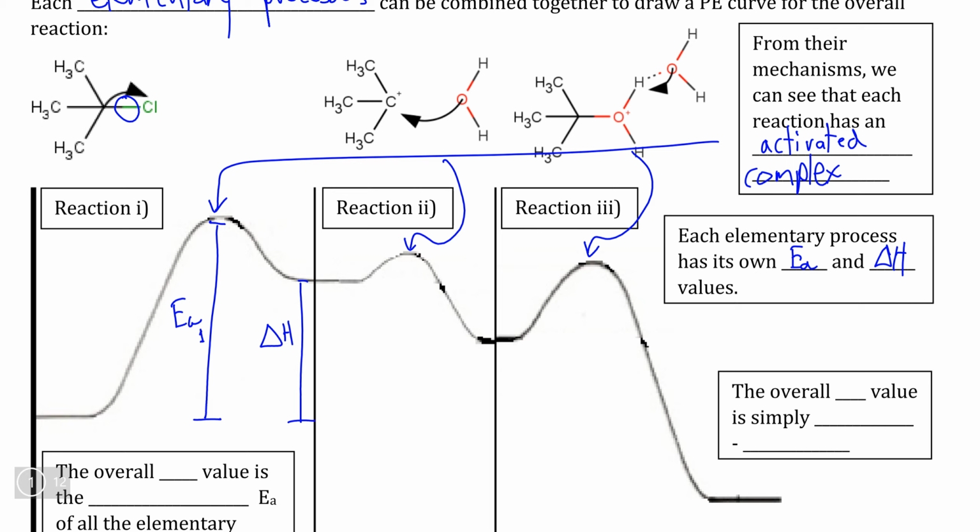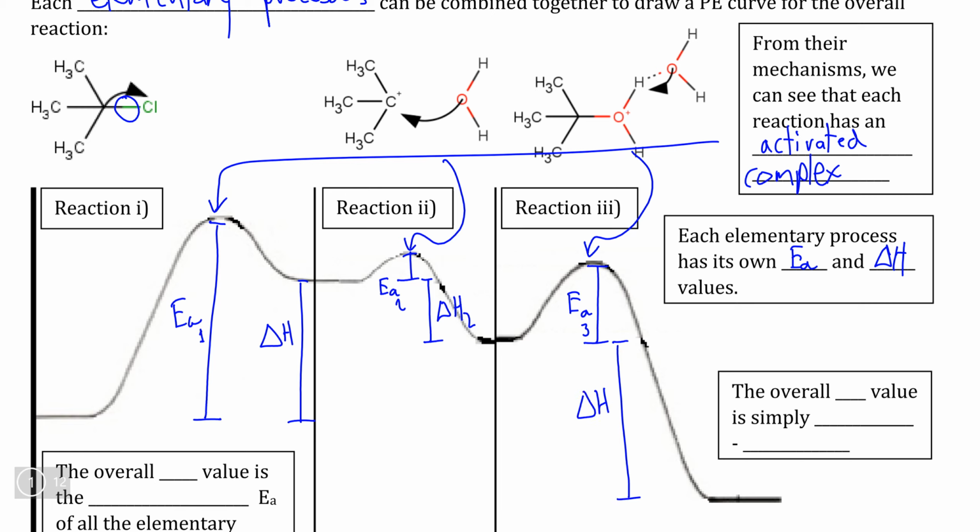Likewise, for reaction 2, we can write in EA2 right here, and the distance between reactants and products gives our delta H of the second reaction. Finally, the distance between the activated complex and the reactants of reaction 3 is our EA3.